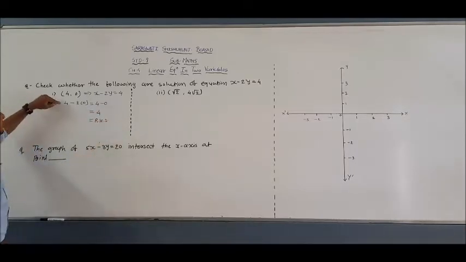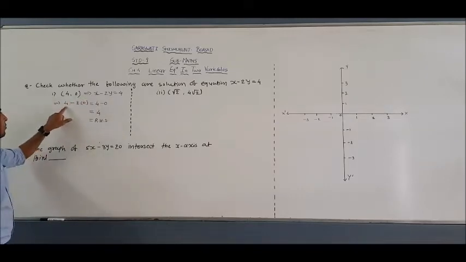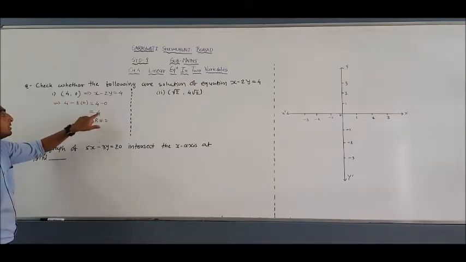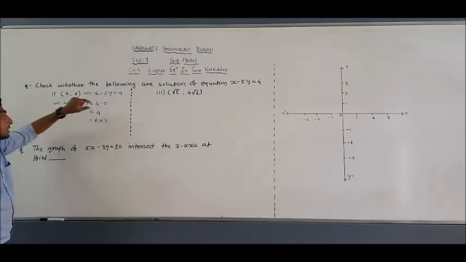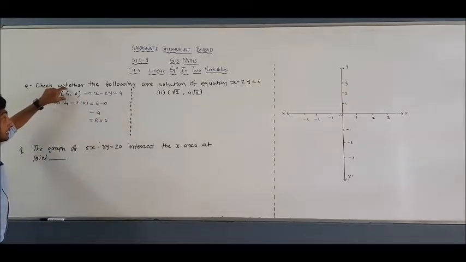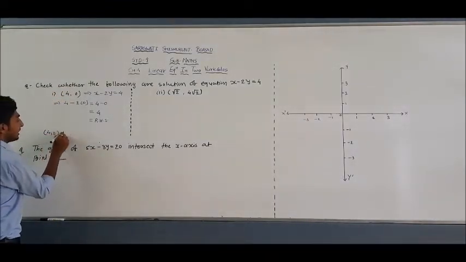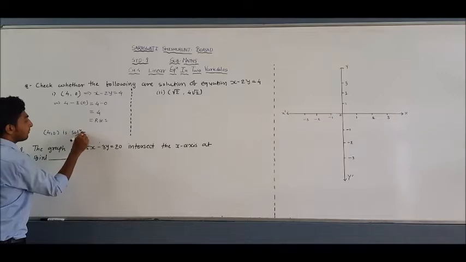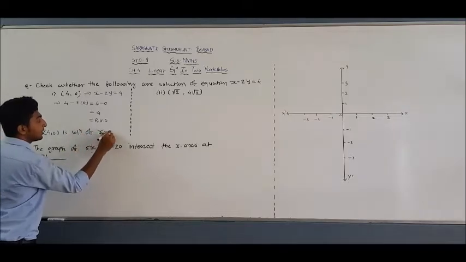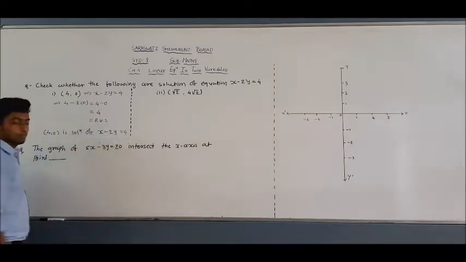On the left hand side, we take x minus 2y. So 4 minus 2 into 0, 4 minus 0 equal to 4, which is RHS. So this point satisfies the given equation. (4, 0) is a solution of x minus 2y equal to 4.